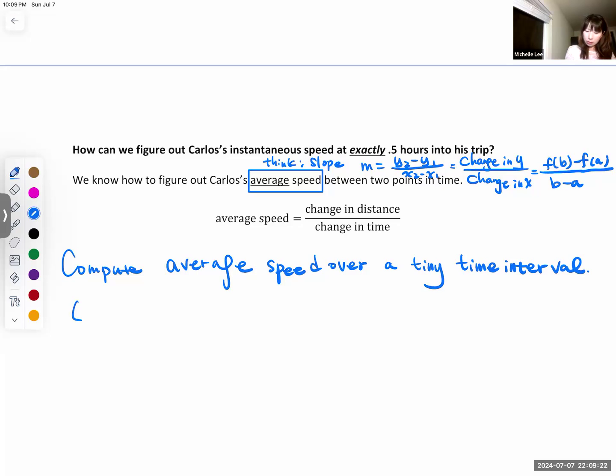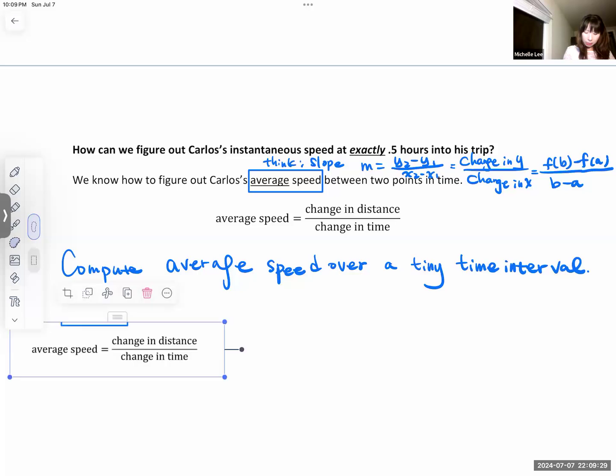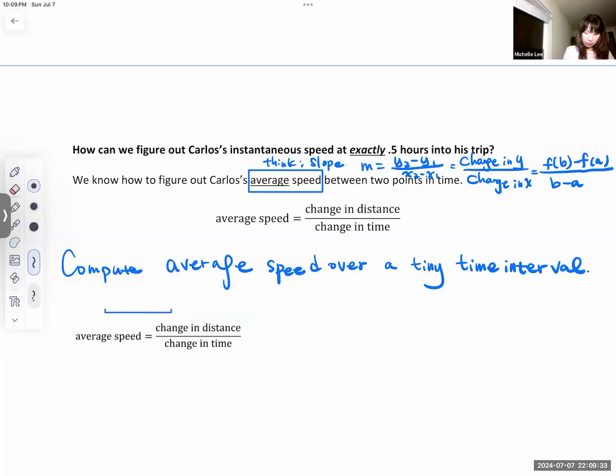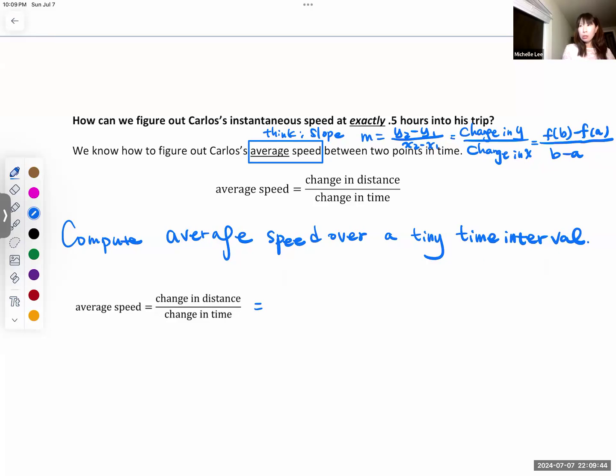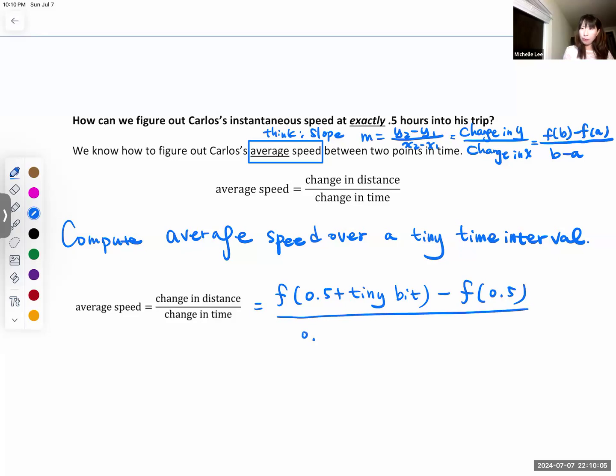So that will be distance. We will change that: f of 0.5 plus a tiny little bit minus f of 0.5, over 0.5 plus a tiny little bit minus 0.5.